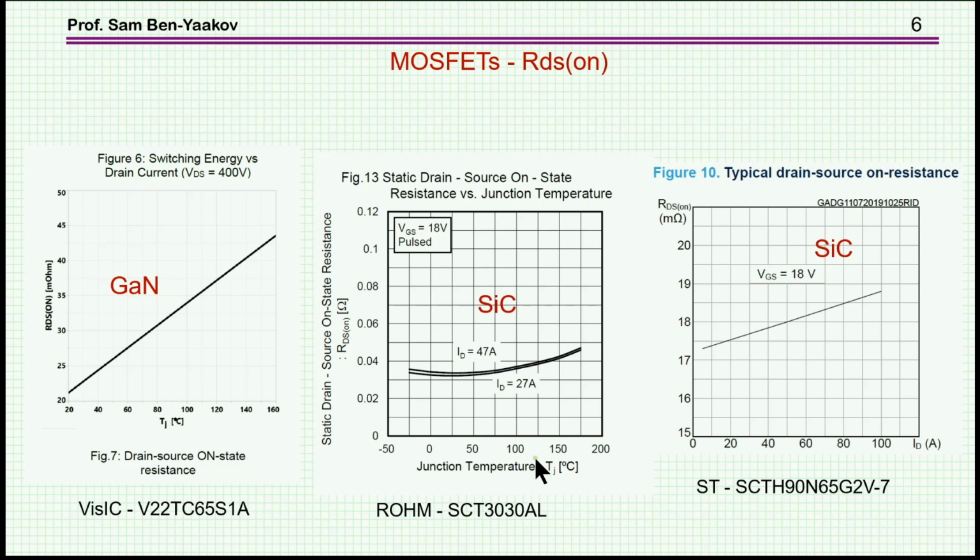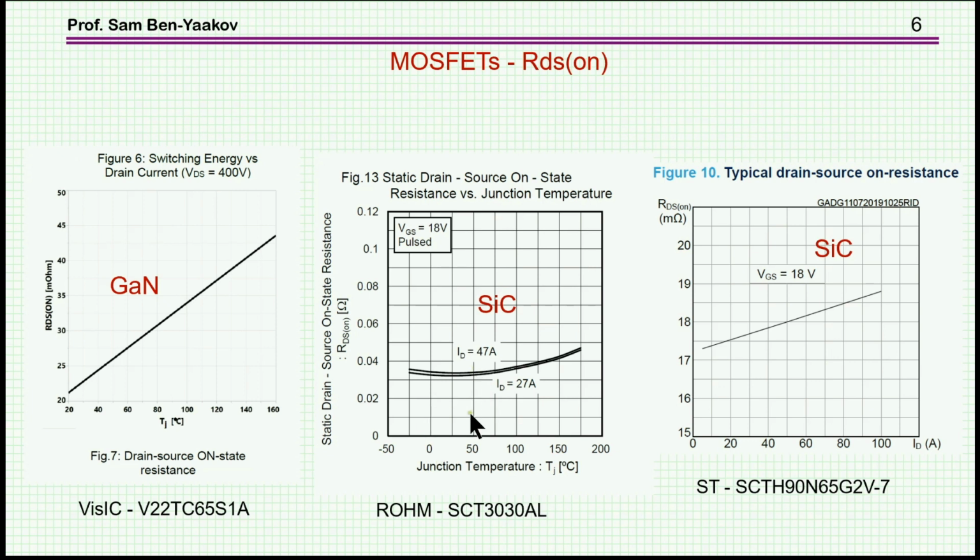Now, we see that for the silicon, the situation is, well, not very good for current sharing. You see here you have sort of a negative temperature coefficient, a little bit, at lower temperature. Maybe this is not a typical operating temperature, but still units should operate also at low temperature.